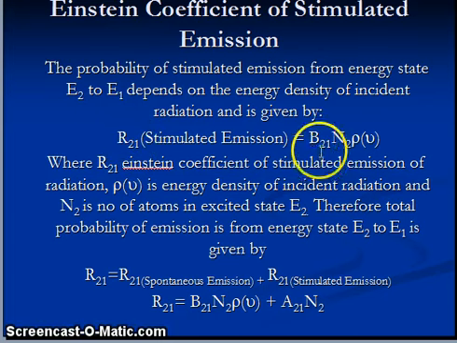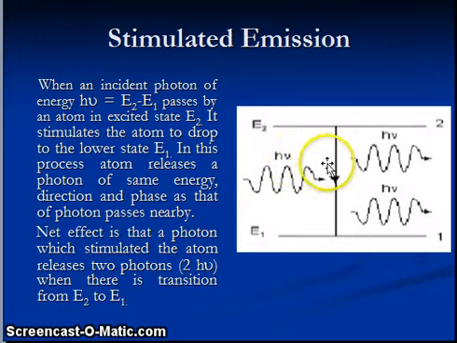R21 stimulated emission is equal to B21 N2 rho nu. Here B21 is the Einstein coefficient of stimulated emission, N2 is the number of atoms in the excited energy state, and rho nu is the energy density of the incident radiation.